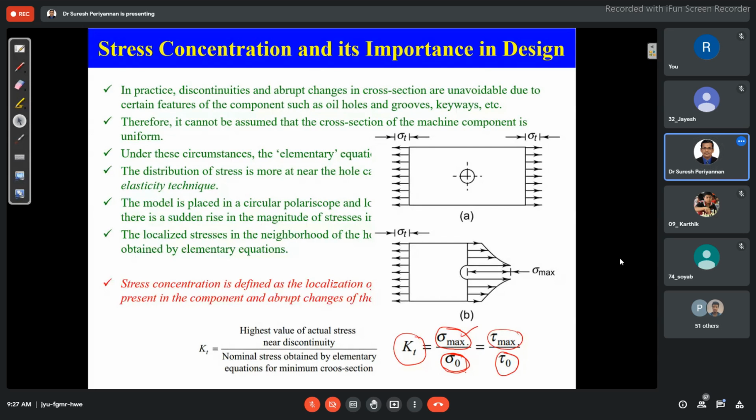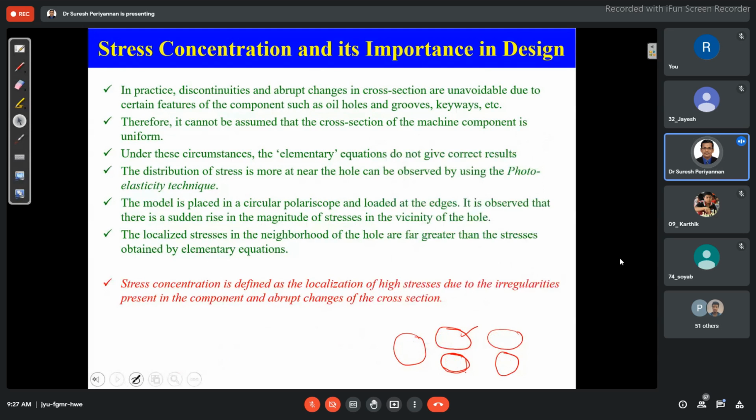Now this is something we already discussed, let's just go through it. In practice, there are discontinuities or abrupt changes in cross section. Most of the things I told already. Now see, the stress concentration definition, the localization, is very important.